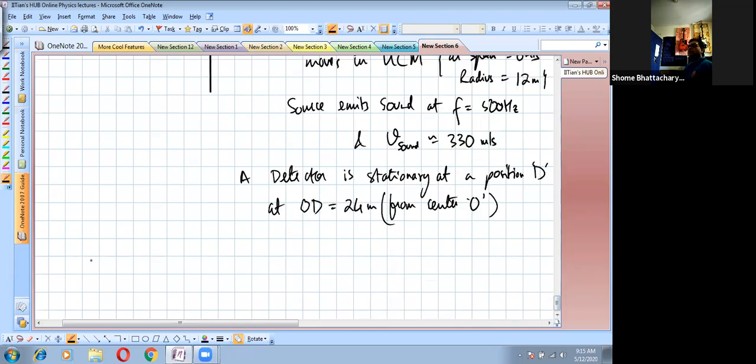So what we have to do here is find the minimum and maximum frequency of sound detected.